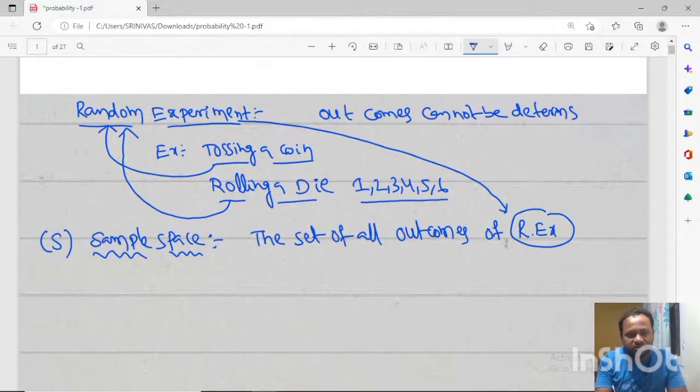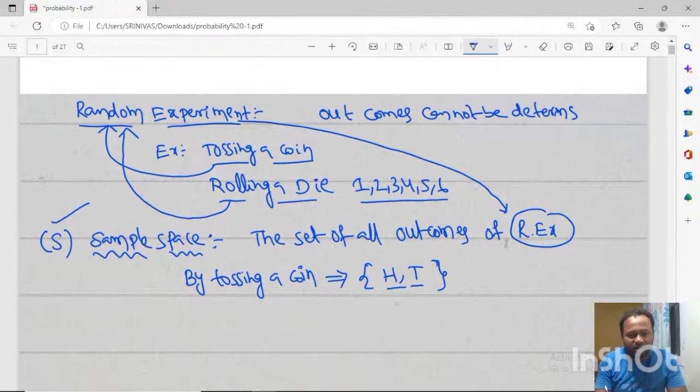If I toss a coin, what outcome do we get? By tossing a coin we will get the outcome as head, tail, right? These outcomes I have written in a set. That set is called sample space.